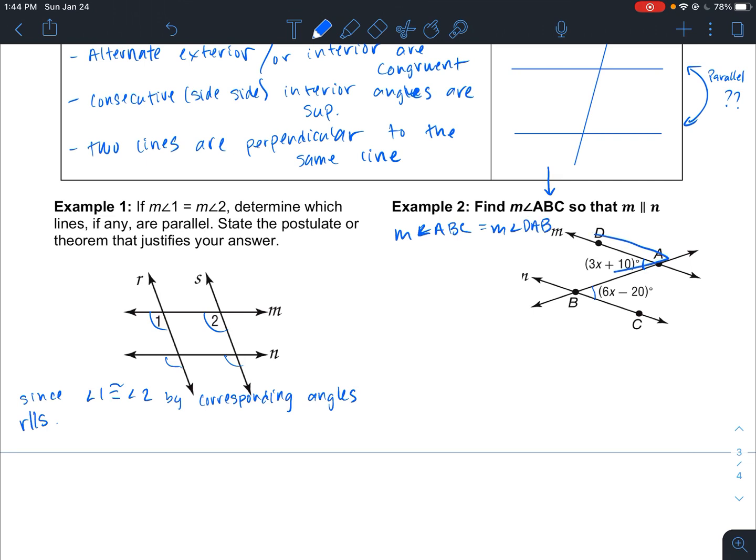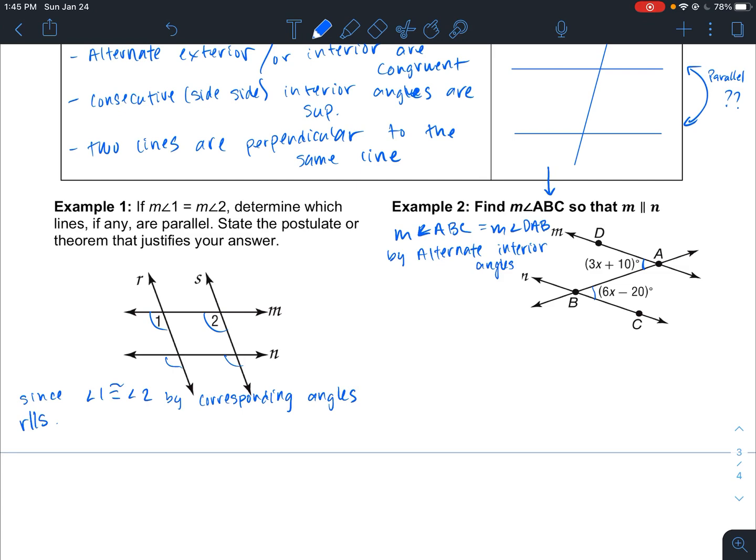So that's here to here to here, that angle right there, DAB. I know that they are equal by the alternate interior angles. These are alternate interior angles. By alternate interior angles, these are equal to each other.